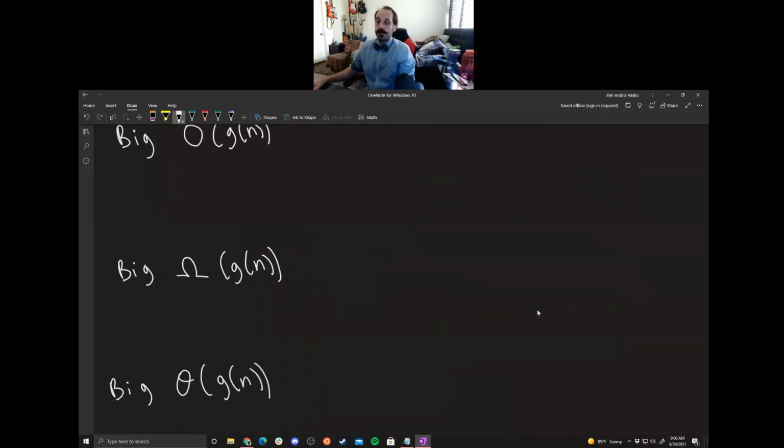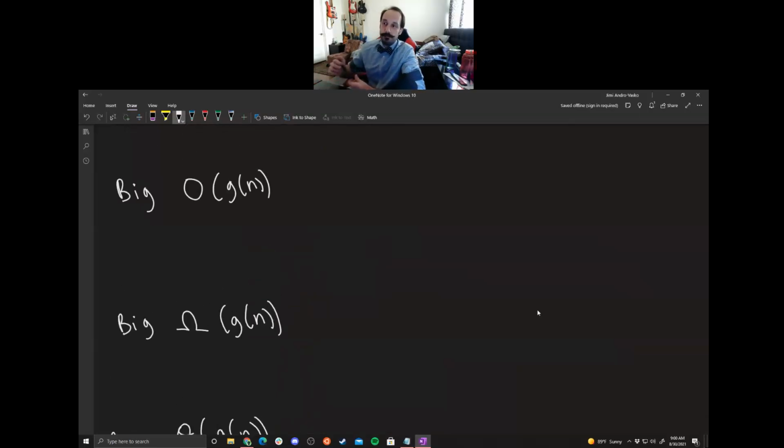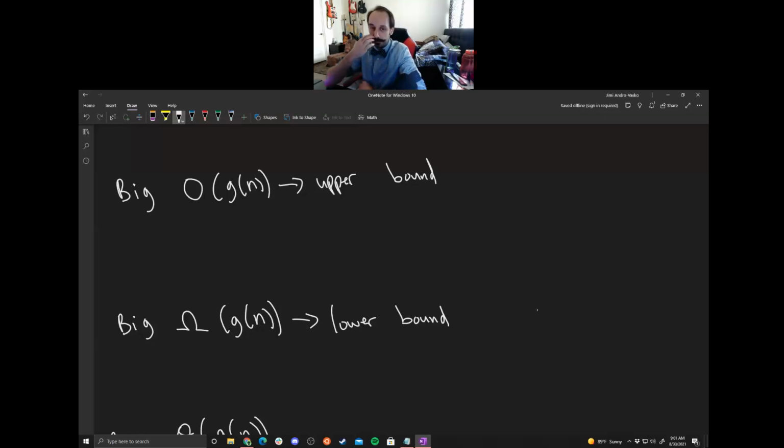Okay, so let's define big O. Basically, big O is known as the upper bound, and omega is the lower bound. So n is the input size.